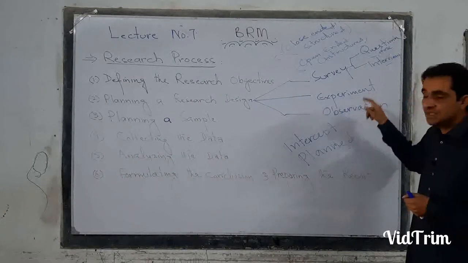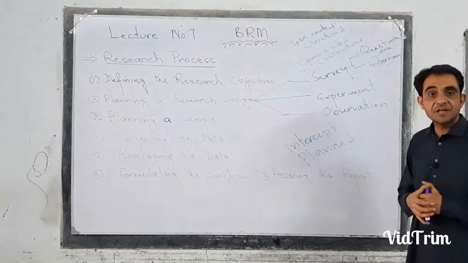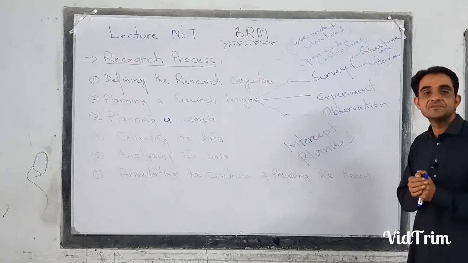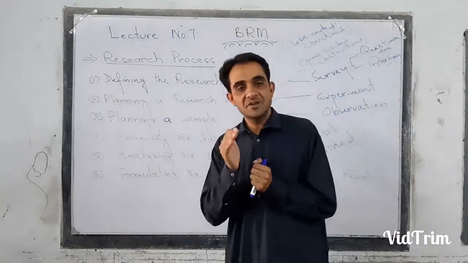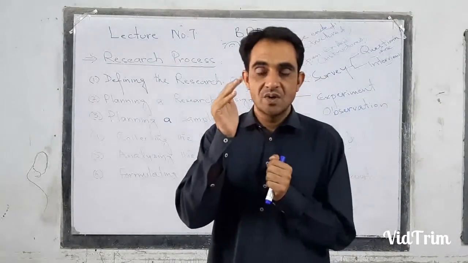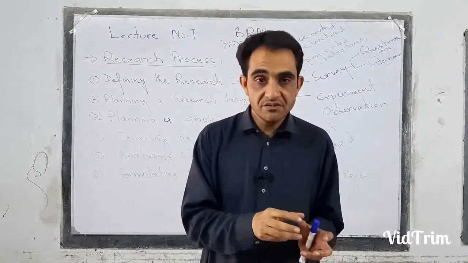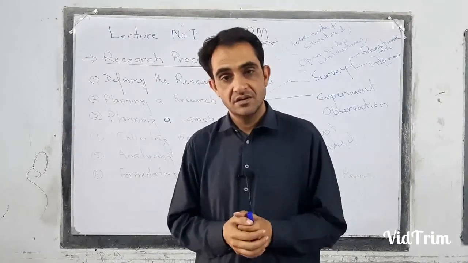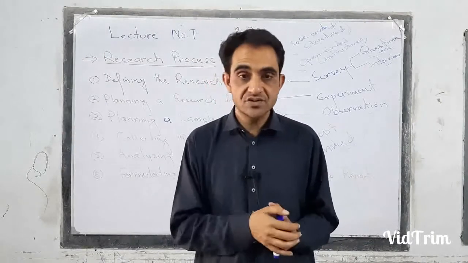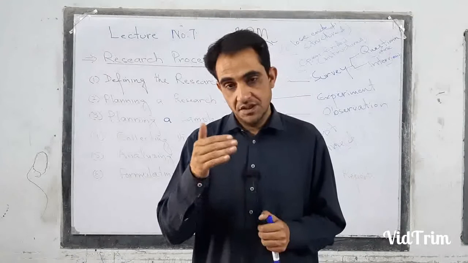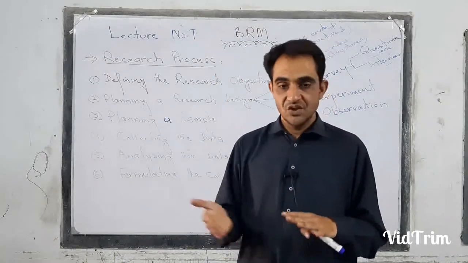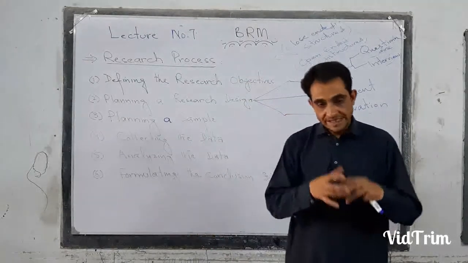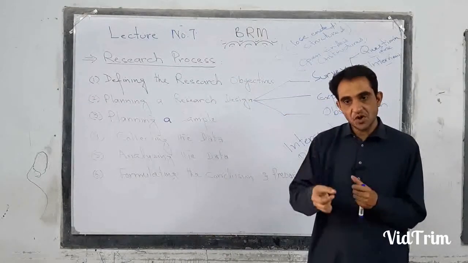Experiment. What is meant by experiment? Experiment is also of two types. Most of the things are of two types over here. One is called laboratory experiment and the other is field experiment. Like you have studied in school in natural sciences, biology, chemistry and physics, you are conducting some tests, some experiments in a laboratory.